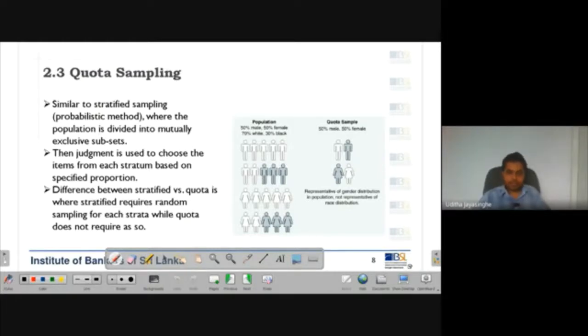A couple of examples may come to mind when you say quota. The apparel-oriented quota for the European Union, you may recall, for the different countries, they have a quota of different items to be exported based on a certain methodology followed by the European Union and the Western part of the world.